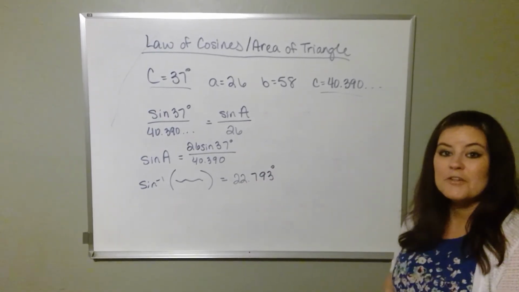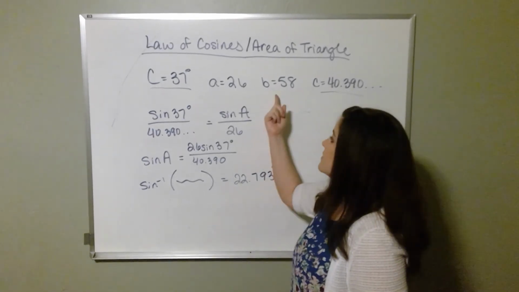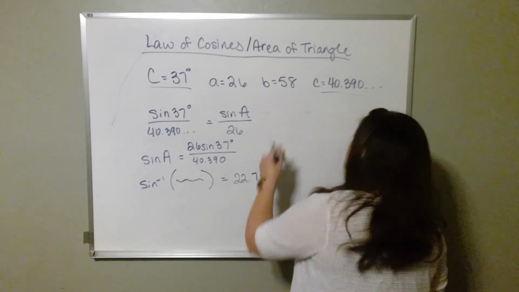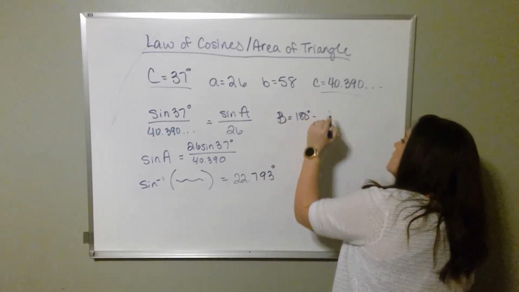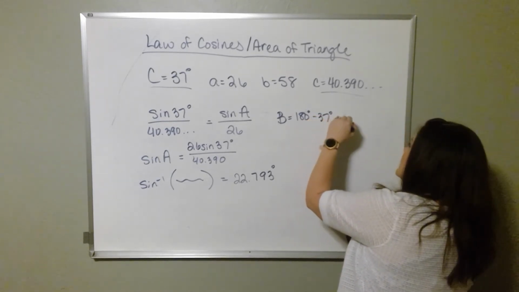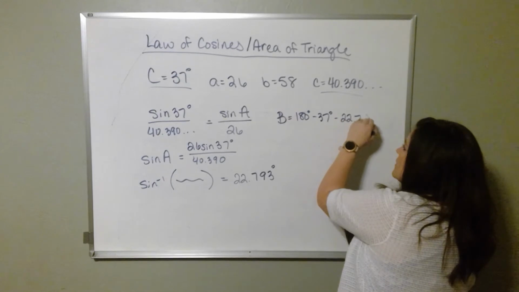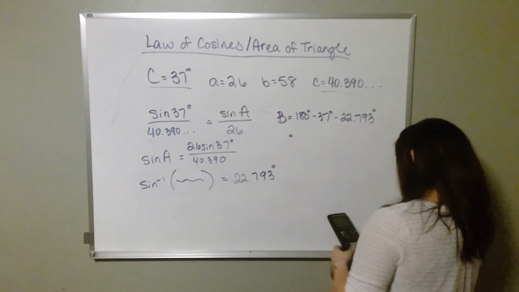So I found angle A. At this point, remember, just subtract from 180 to find angle B. So angle B has to be 180 minus 37 minus 22.793 or so. What do we get?